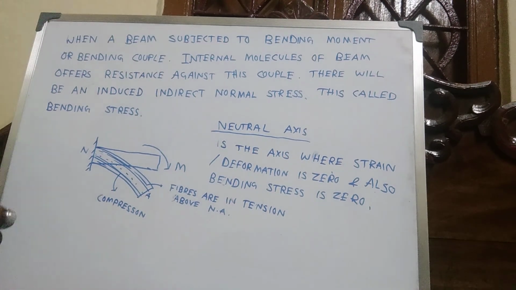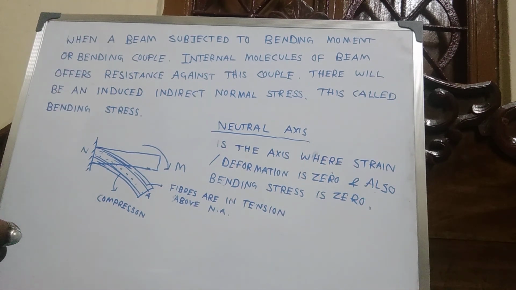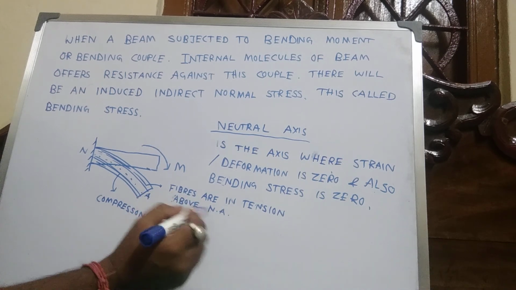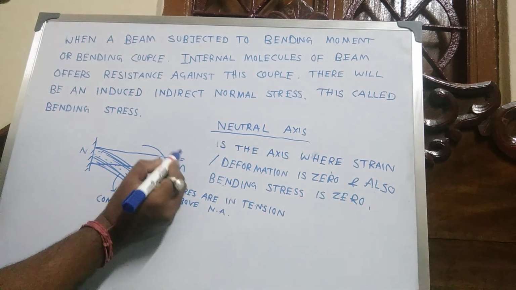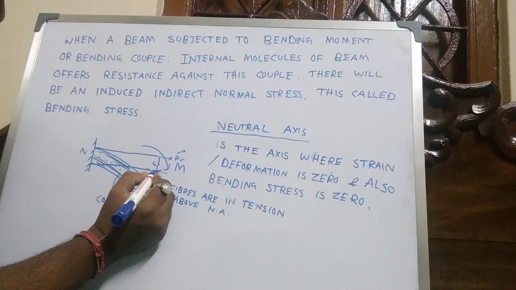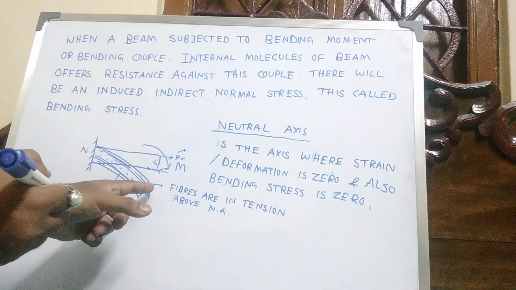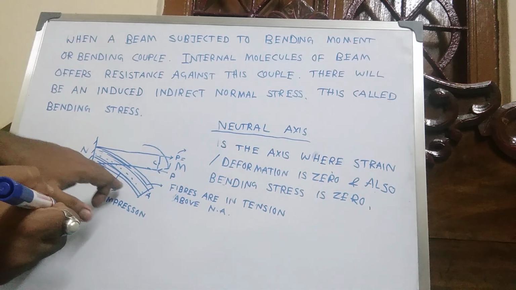That is why bending stress is different above and below the neutral axis. The fibers above the neutral axis are in tension because this force P is an eccentric force, not acting at point C. This P is tensile in nature and the fibers are in tension, and this P is compressive and these fibers are in compression.